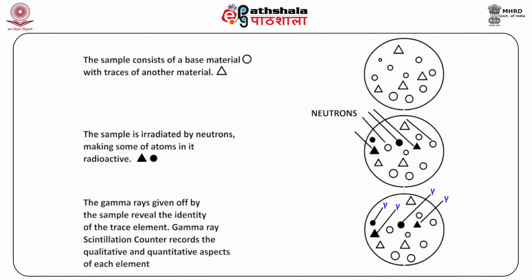Radioactive elements decompose into smaller atoms to become stable. In the process of decomposition, they emit energy in the form of alpha particles, beta particles, electrons, and gamma rays. During decomposition, each element emits gamma rays at wavelengths uniquely characteristic of the element.